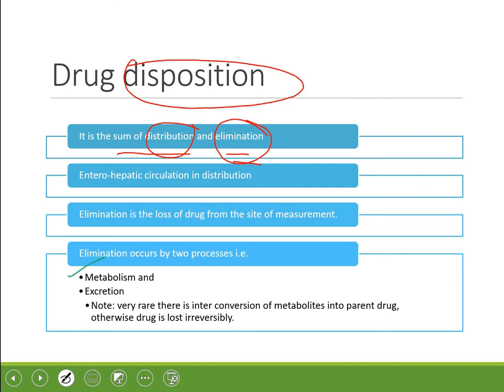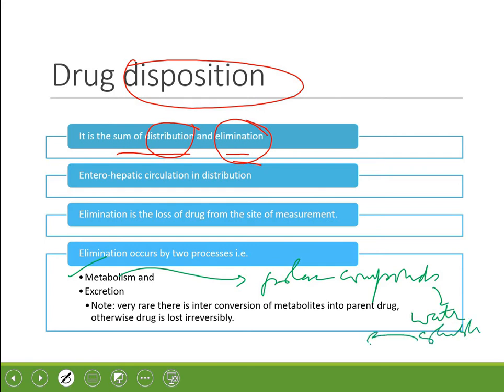Metabolism usually produces polar compounds in general, and these polar compounds, or metabolites, are more water soluble. Once they are more water soluble, they are excreted very easily by the kidneys. So this is a very technical point to remember.